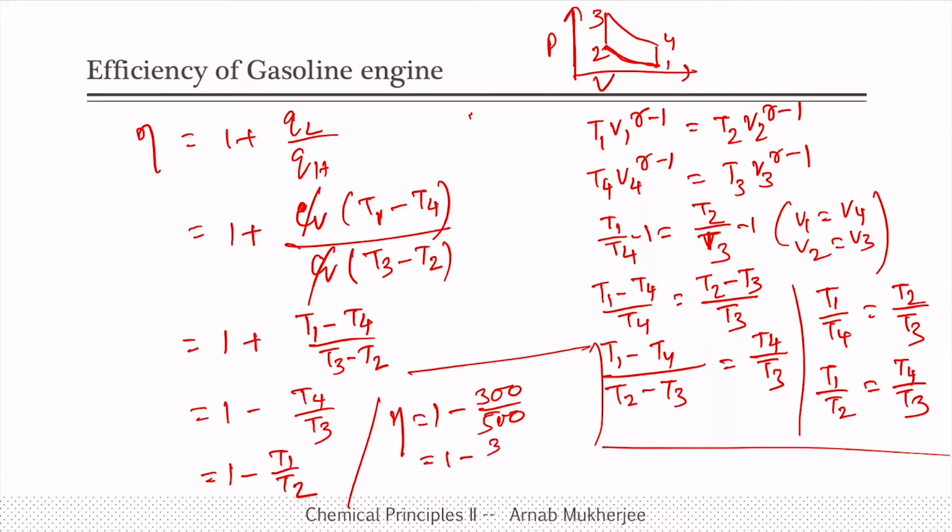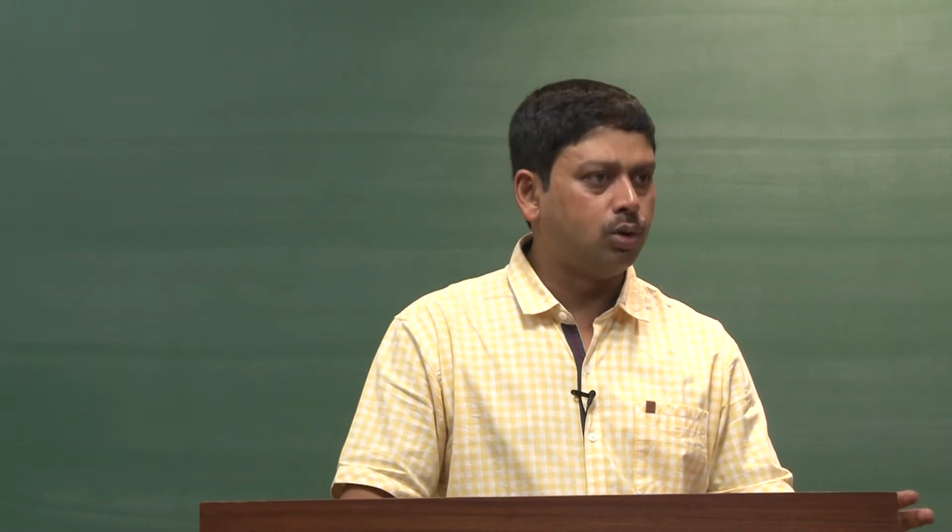So, 1 minus 3 by 5, so 0.4. Okay. So, basically depending on 500, 600 whatever, you get ideal efficiency as 0.4, 0.5, however, the actual efficiency goes to 0.35 because of losses and many other things. So, depending on how much you can compress, that will give rise to the amount of temperature, and that will give rise to efficiency.